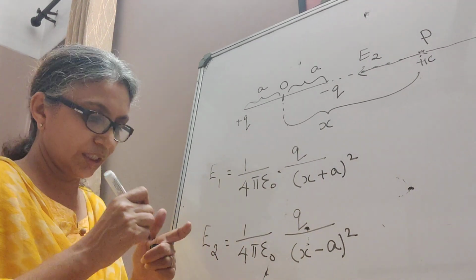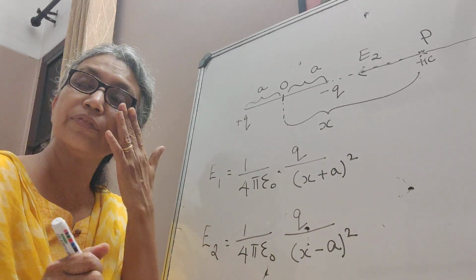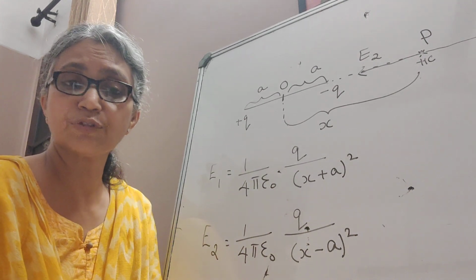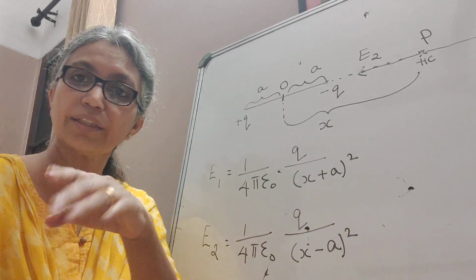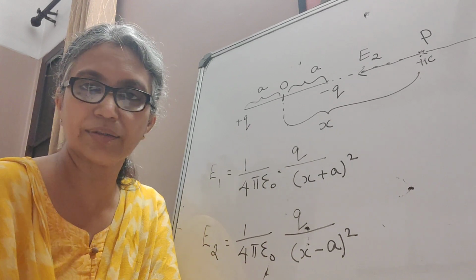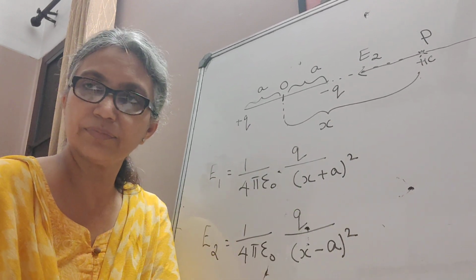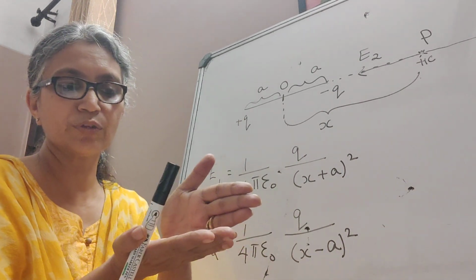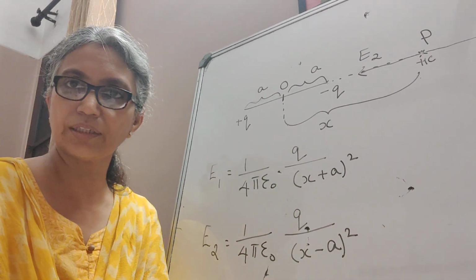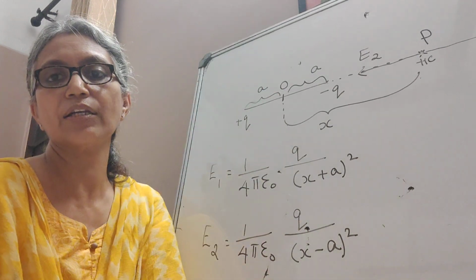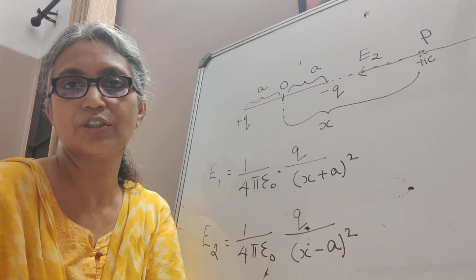Now, because the two electric fields are in one straight line but in opposite directions, how do you add vectors? In 11th standard we have learned addition of vectors. If two vectors are along the straight line in the same direction, you simply add them. If they are in opposite direction, you subtract them. If they are not on the same straight line, then you can put them as sides of a parallelogram and use the parallelogram law of vector addition.